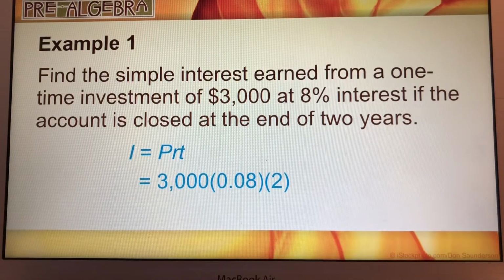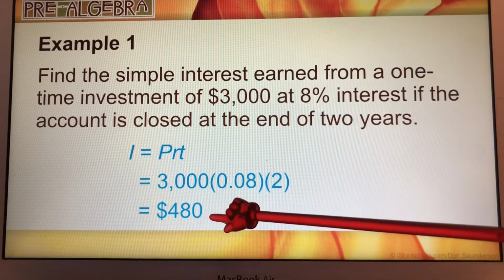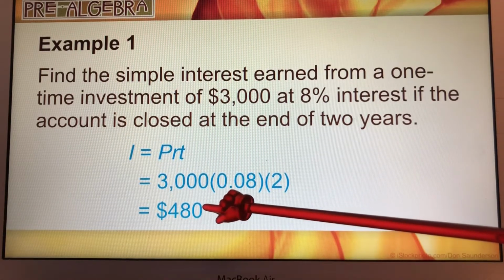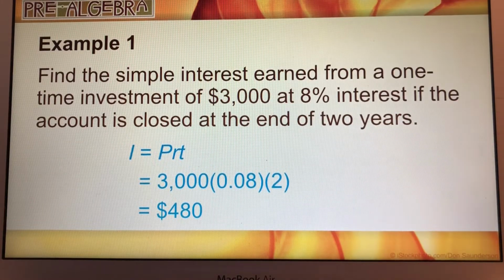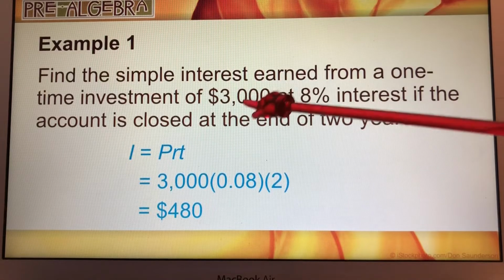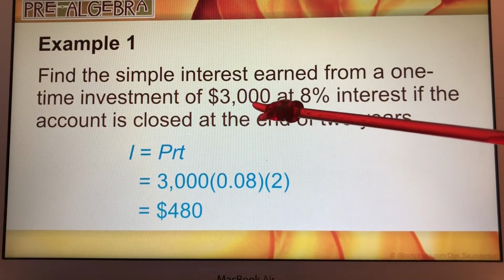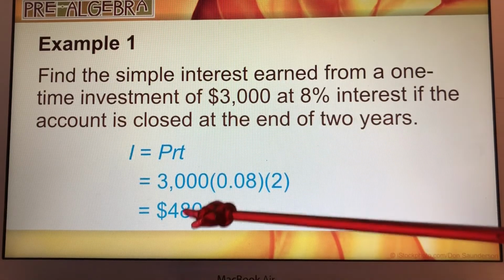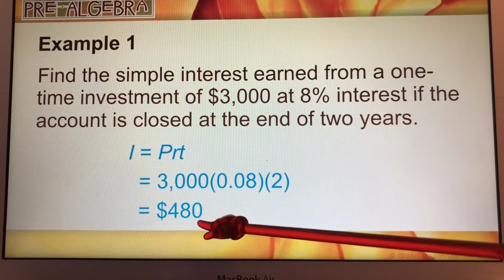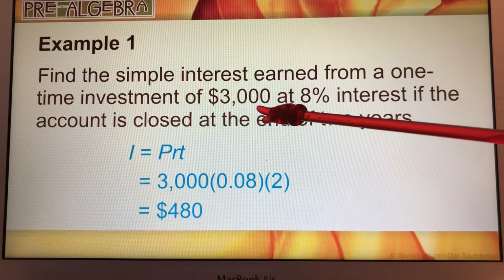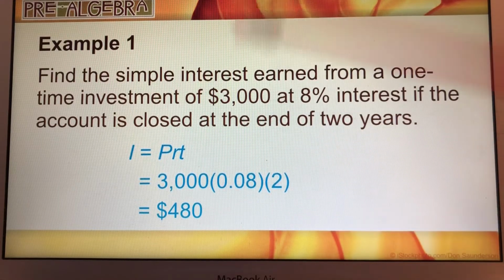Then you can do the calculations and you end up with $480. That is the amount of interest that is charged over 2 years on $3,000. So if you borrow $3,000, that's great. You have to pay that back, plus you also have to pay an additional $480 as part of the interest rate over 2 years.